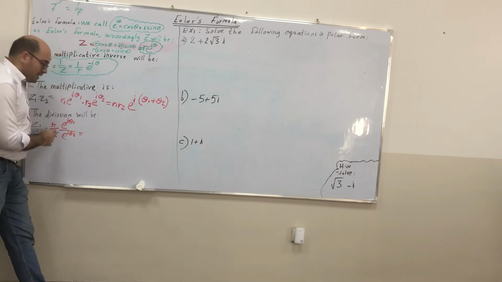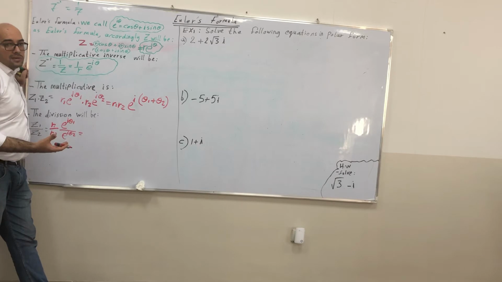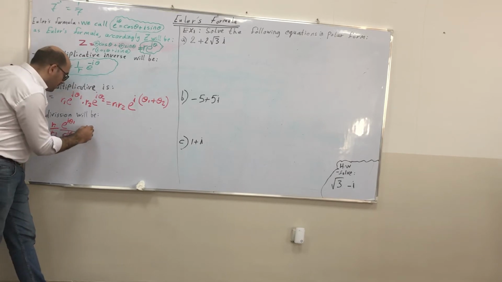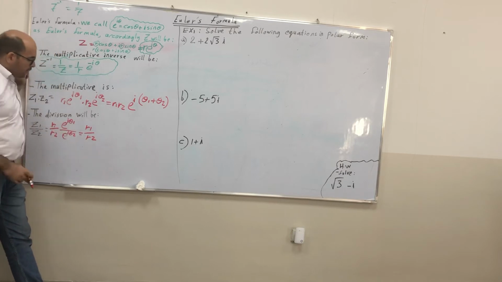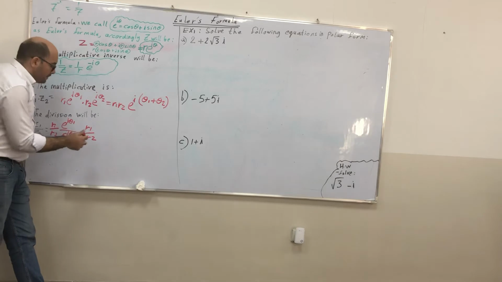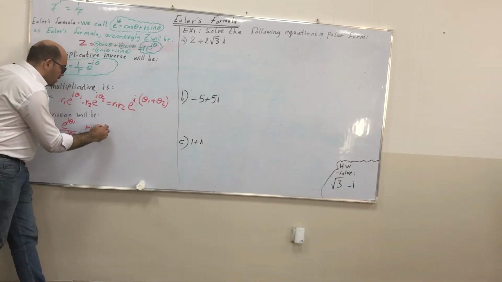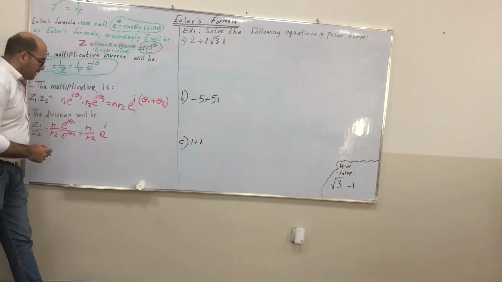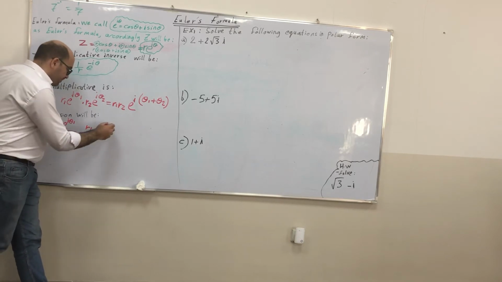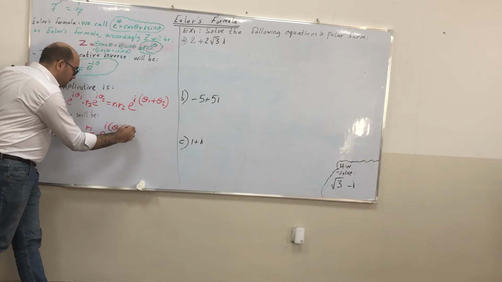The result is r1 over r2, which is the real value, so I keep r1 and I keep r2. But this exponential of i theta 2, I can take it up from the denominator, so it will be e to the power of, I take i outside, then I have theta 1 minus theta 2.